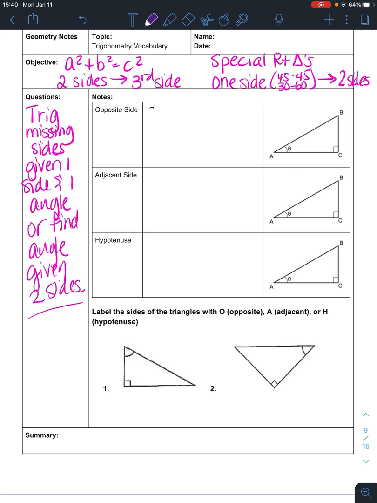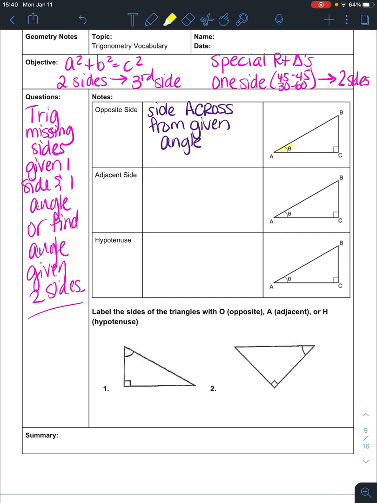So first, the opposite side. The opposite side is the side that is across from the given angle. Just like if somebody is opposite, they're on the opposite side of the room, they are across.